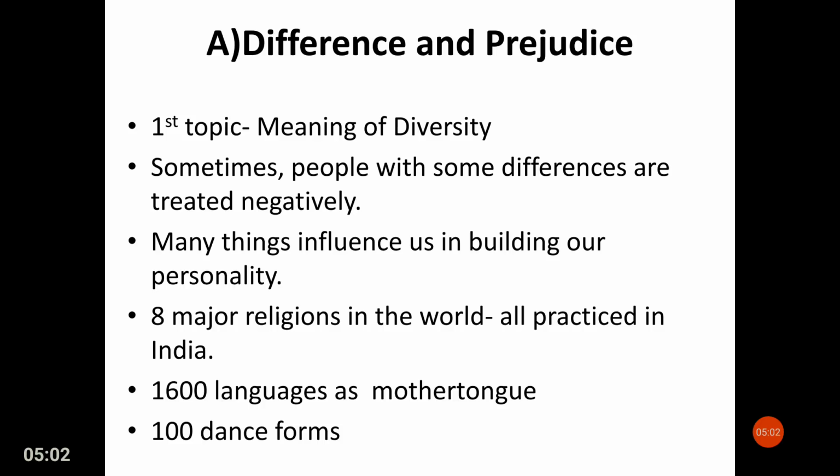Samir 2, who was the economically forward child, started missing Samir 1 as a friend, because on the road where they used to meet daily, he was not able to see him anywhere. So he was missing him a lot. This is the thing which influences us in building our personality.